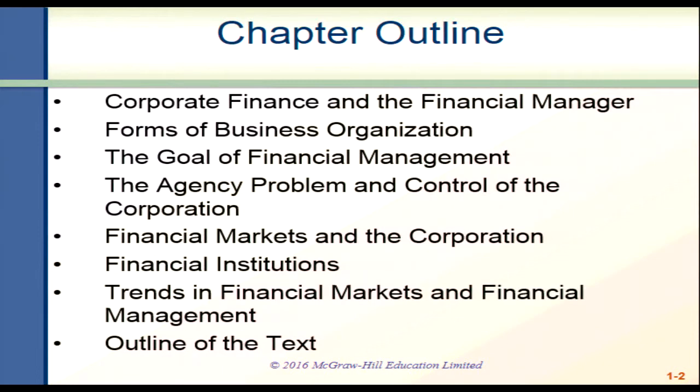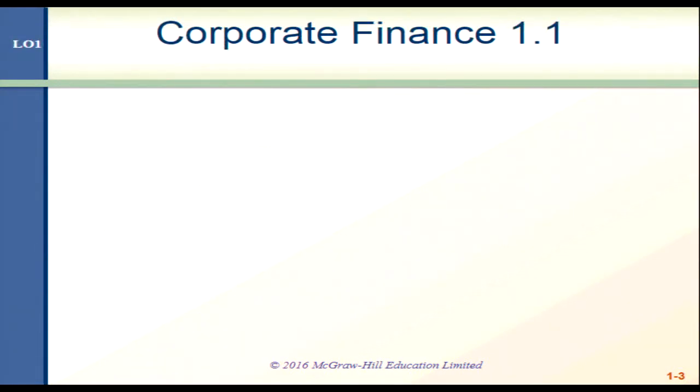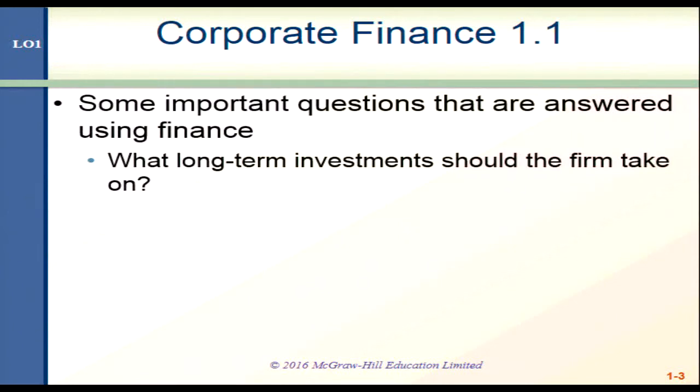Okay, so the next step is now to go into the chapter. The first thing we'll ask ourselves is, what are the pertinent things that companies or corporations are trying to achieve? Part of it is to look at questions which involve the long-term investments a firm will want to undertake.